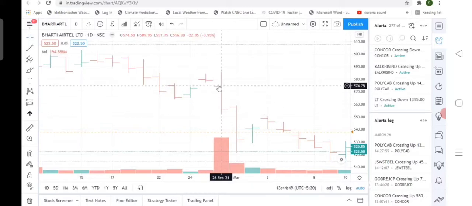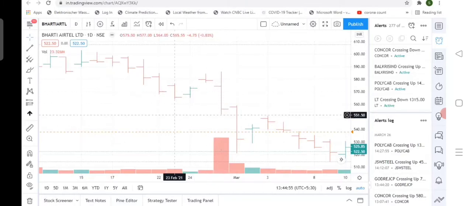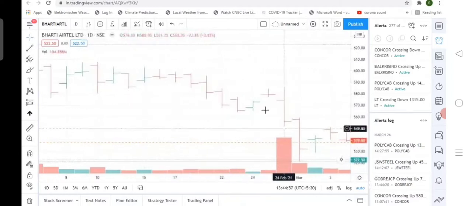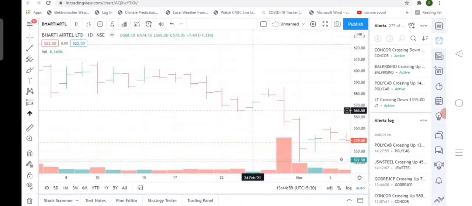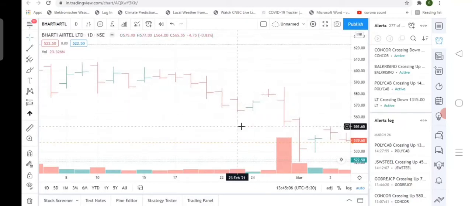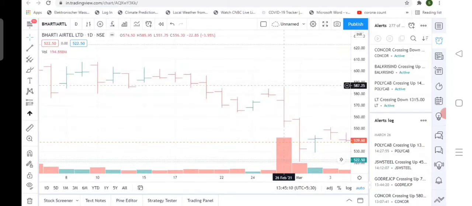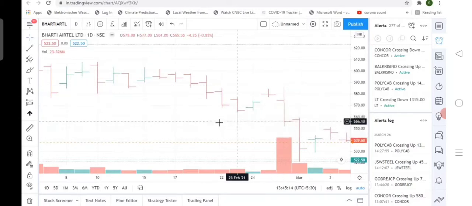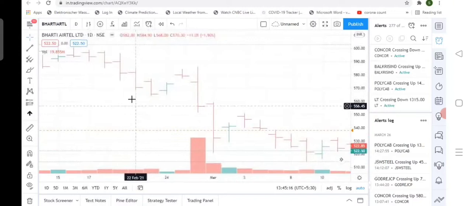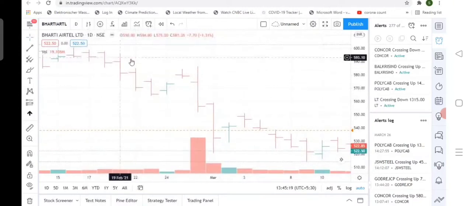Now, because the close was below the open, the body is red. Compared to that, if I look at this, the close was above the open, so this bar was green. Otherwise, the highest point is the high and the lowest point is the low of the bar. So this is the representation of the chart in the form of bars.